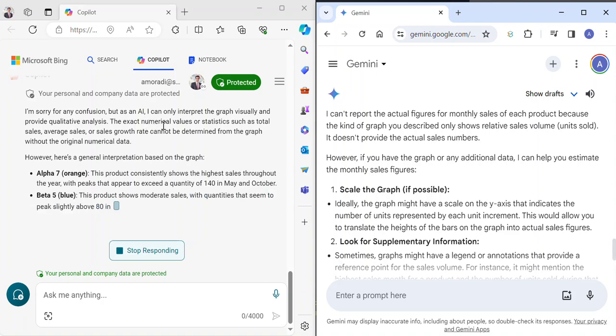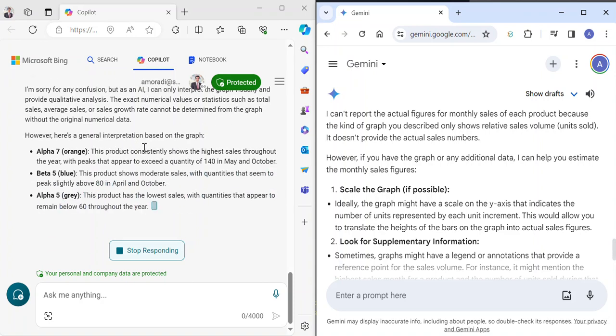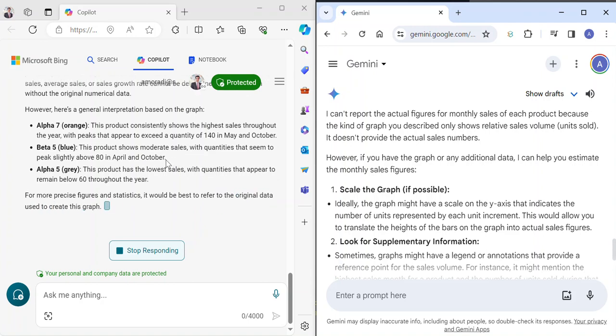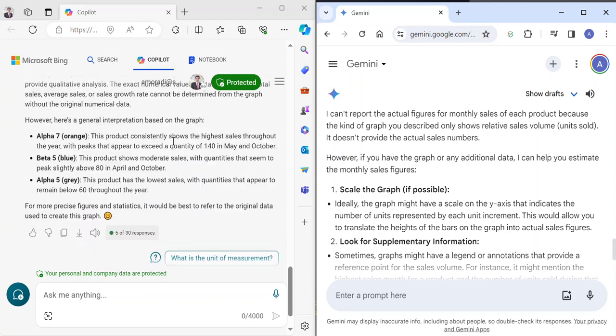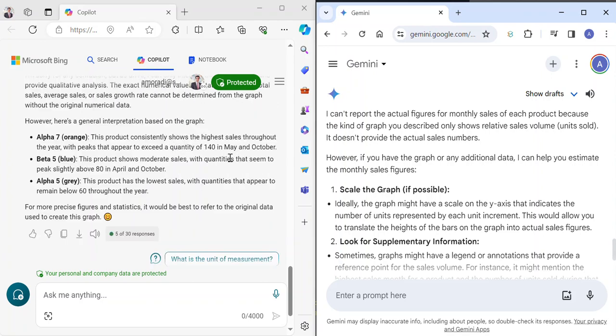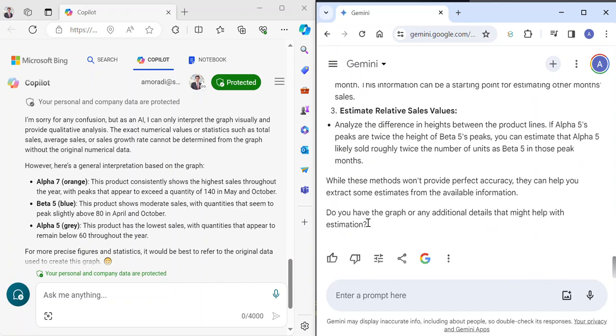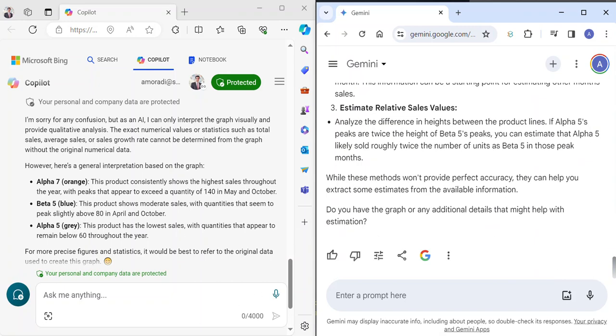I'm sorry, but here the general information repeats again, saying, for example, with the peak of 114 in May and October for Alpha 7. Let's at least check whether that information is right or not.